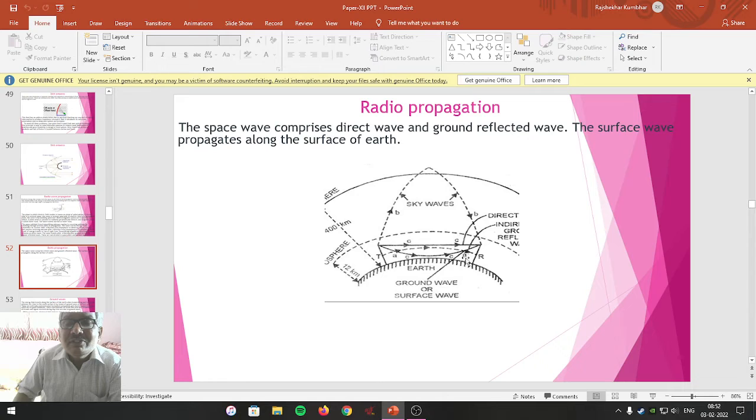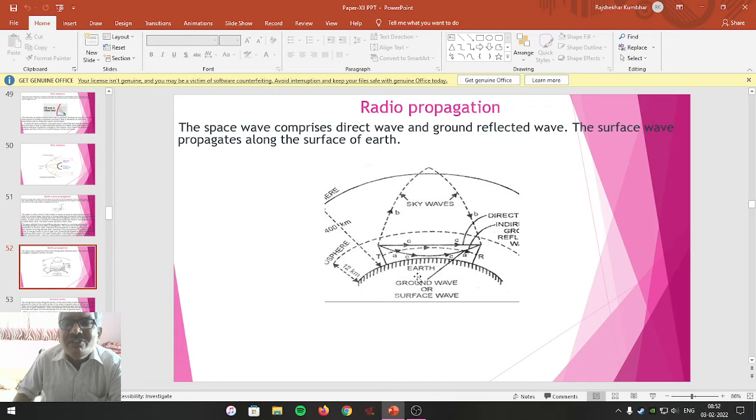This is known as ground reflected waves or indirect waves. The combination of the direct wave and ground reflected wave is called the space wave.